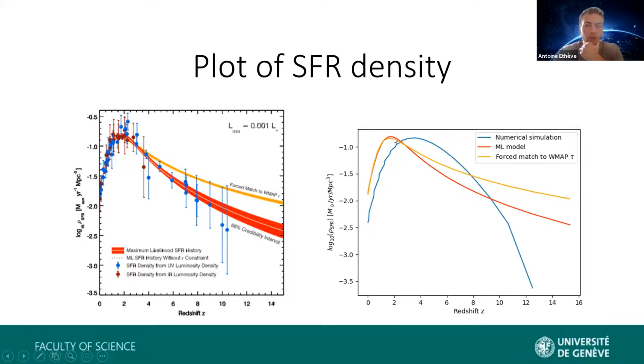If we look carefully, we will see that the curves are identical. So we were able to reproduce correctly the results of Robertson. And we have one additional curve, which corresponds to the prediction of the star formation model. It's not a perfect fit to the observations, but it is still in good agreement with them.